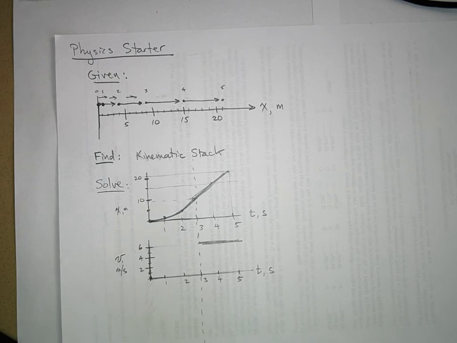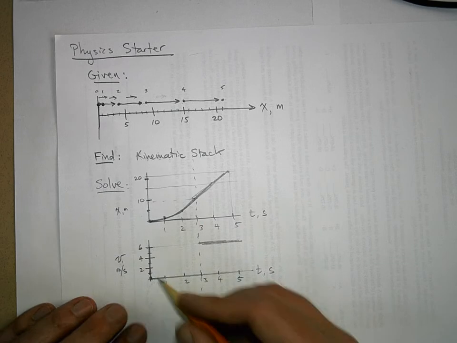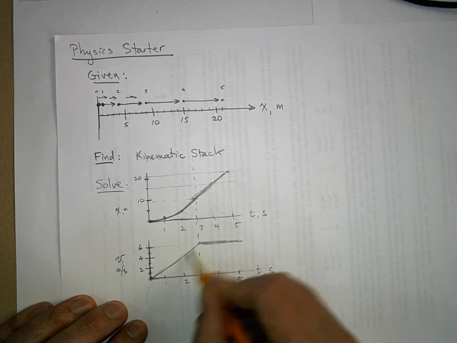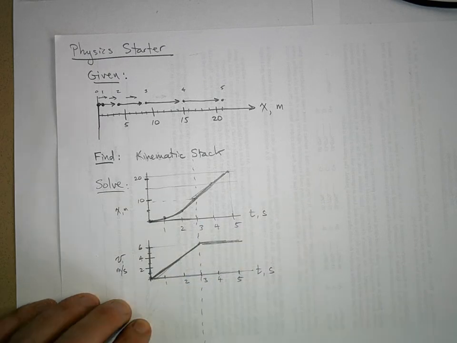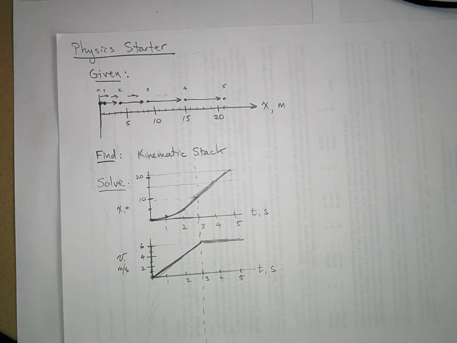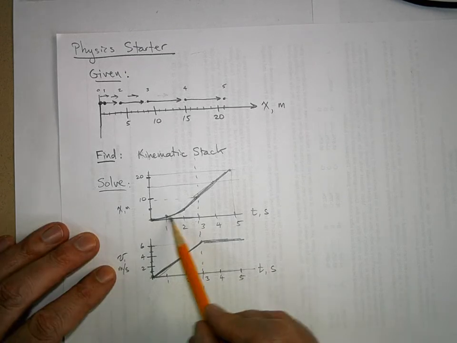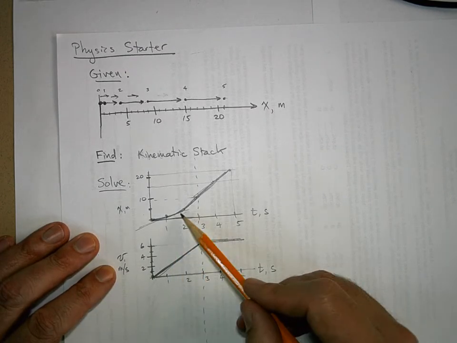And then you can say, well, this class is constant acceleration. So you could just say, oh, well, that's going to be a straight line. Now I suppose I could try to draw tangent lines to prove that, but I'm not going to.